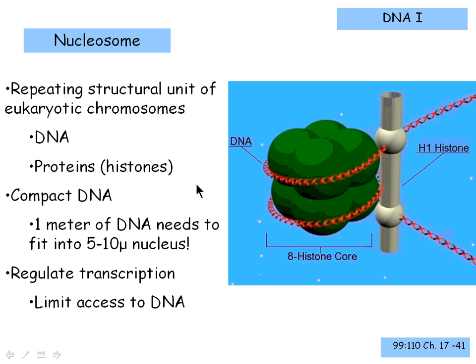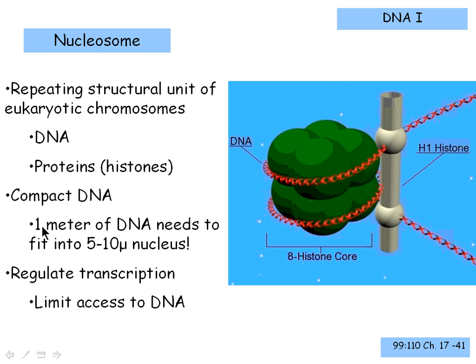And we actually need to compact it even further than this, because our DNA is 1 meter in length, which is huge compared to our nucleus, which is between 5 and 10 microns long. So if you can imagine, our full-length DNA is 1 million times the size of the nucleus. So we need to compact. It's almost unimaginable how compact our DNA needs to get.